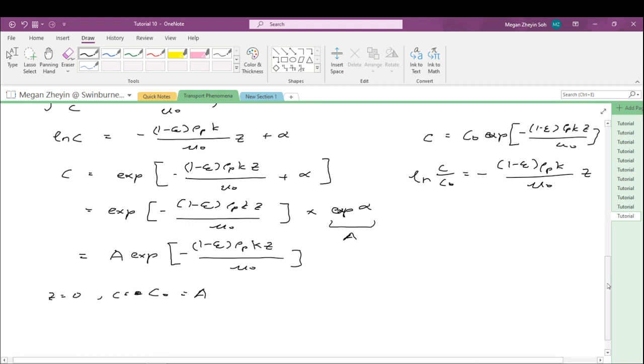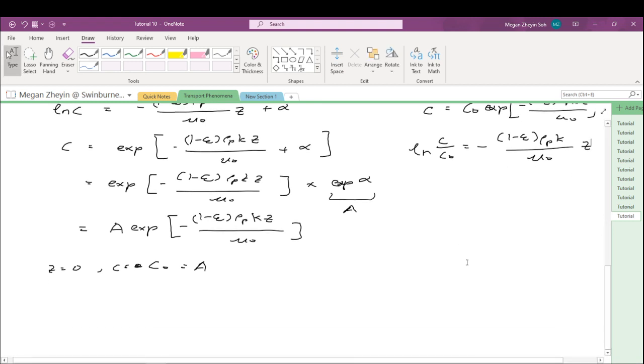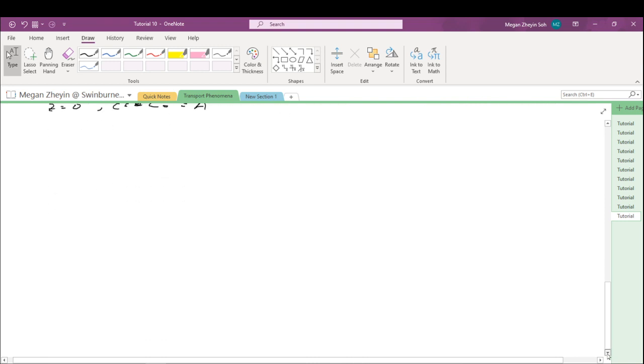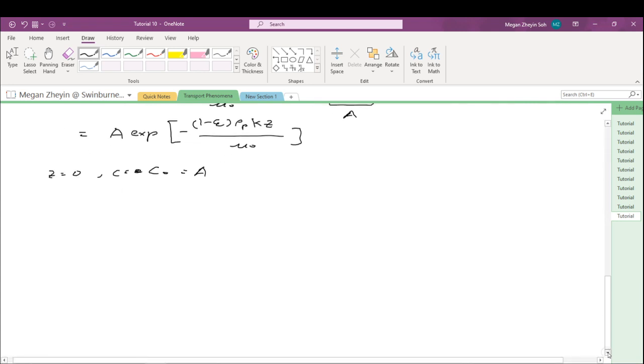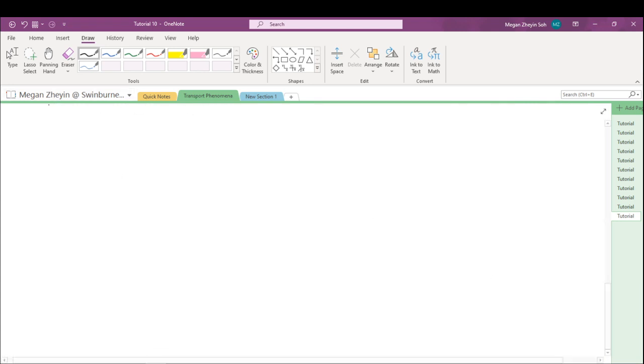Now for part C, show that the concentration at the exit is given as such. We should look at our question again.